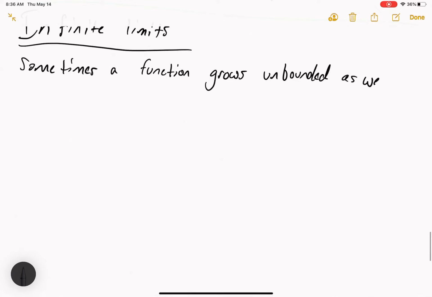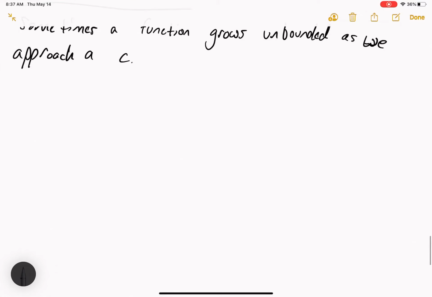So sometimes the function grows unbounded as we approach a certain value of x.